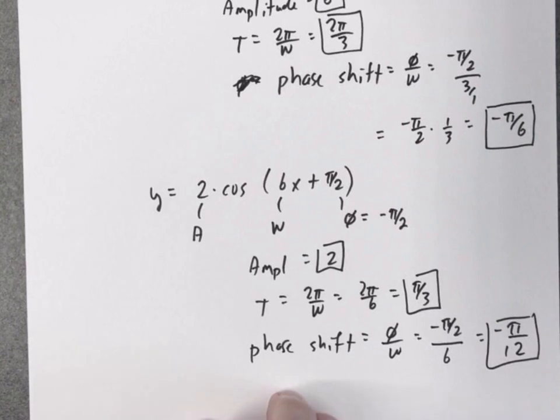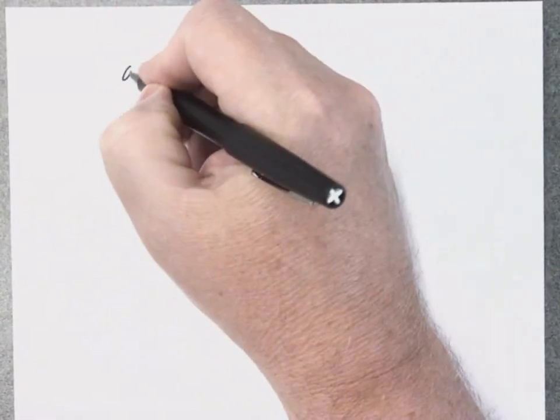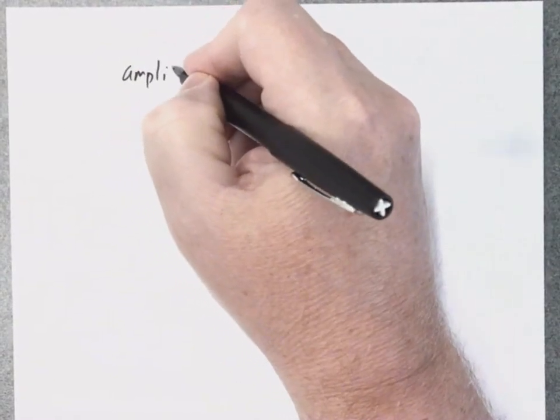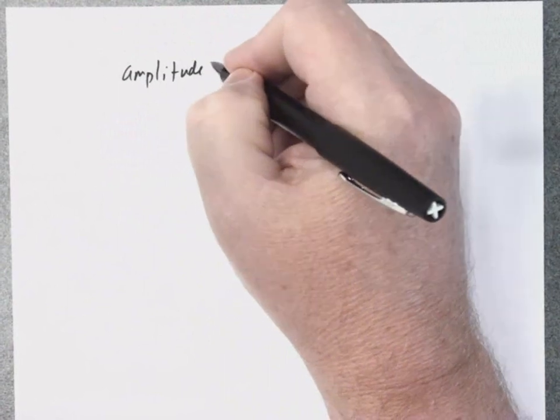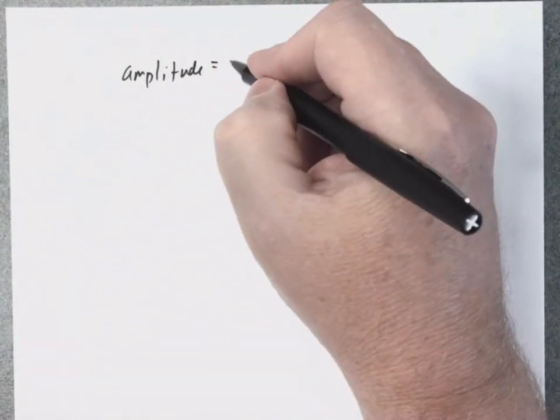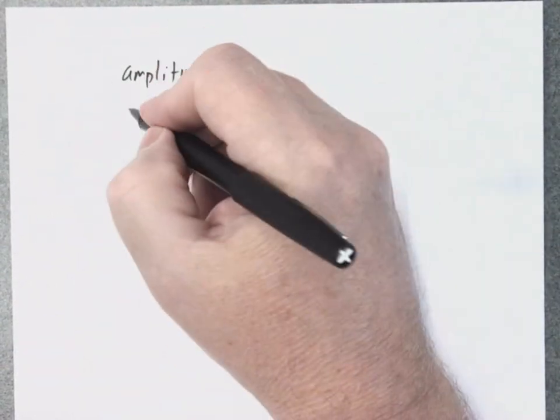Now the last kind of problem I want to solve is where they don't give you the parameters, but they give you the characteristics of the graph. In other words, they give you an amplitude. They say it's 9.